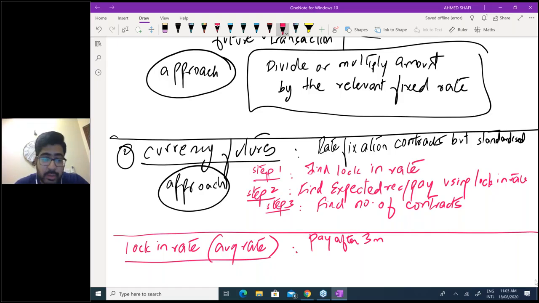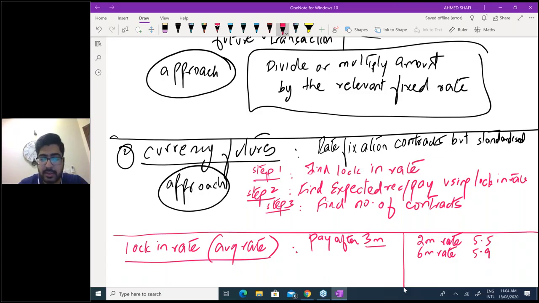When you go to the person or institution offering you the contract, you see that the 2-month rate is 5.5 and the 6-month rate is 5.9. You want to pay after 3 months, but the offerer is offering a 2-month rate of 5.5 and a 6-month rate of 5.9. So here you need a 3-month rate, that is called the lock-in rate, an average rate.